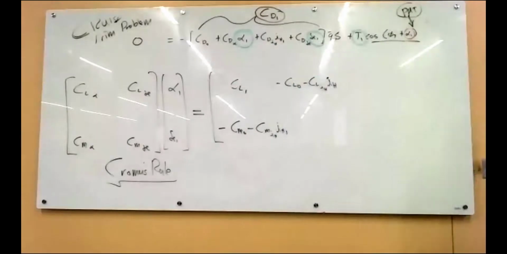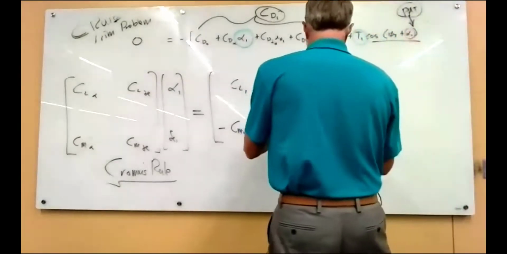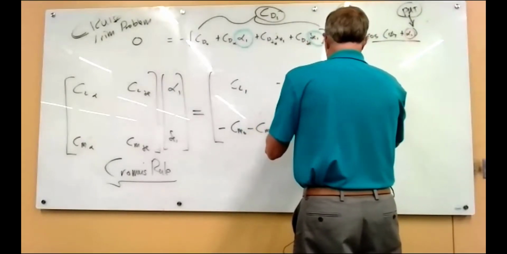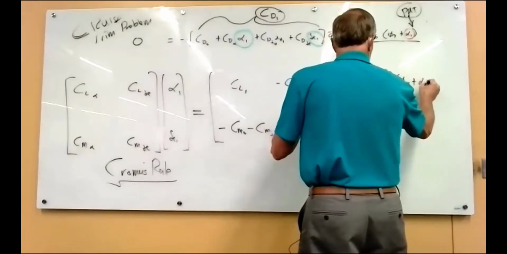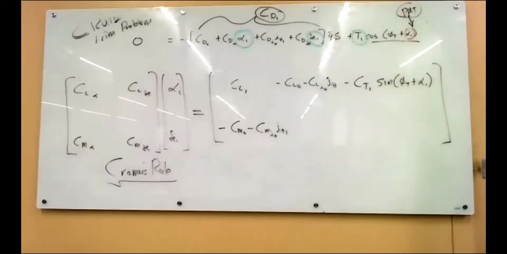The lift equation has that sine term, so I need to add that in. So I've got those. All right, you guys remember that term, right? We knocked it out earlier. And so that has to be put in here.